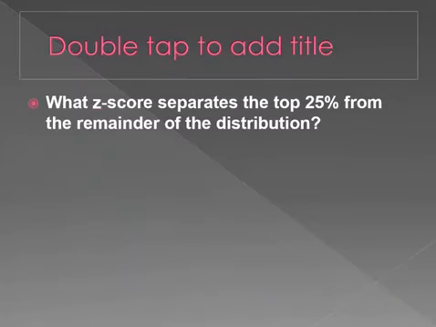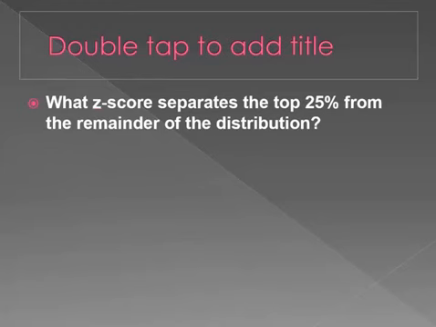So here we're asking what z-score separates the top 25% from the remainder of the distribution. So we're asking what z-score would leave 25% to the right of it and 75% to the left of it.